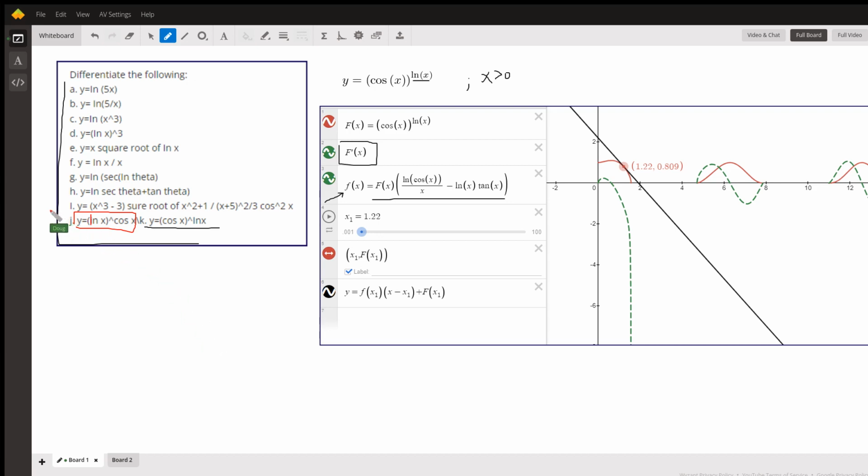By the way, part H is a pretty complicated expression. x cubed minus 3 in the numerator times the square root of x squared plus 1 in the numerator, all over x plus 5 to the 2/3 times cosine squared of x.